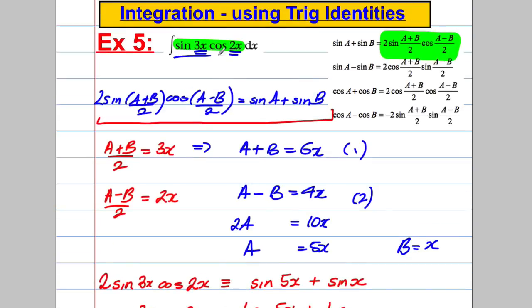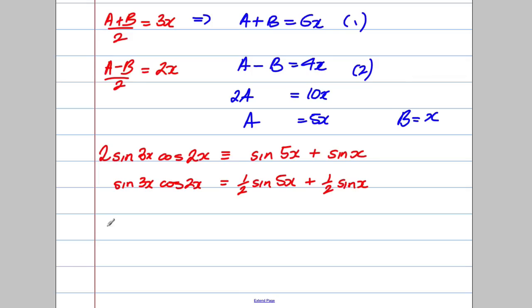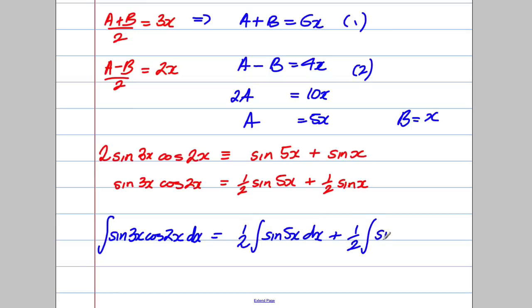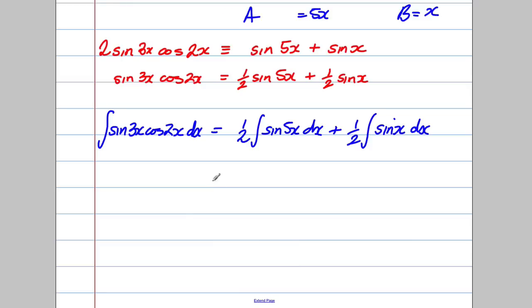Right, so instead of integrating sine of 3x cosine of 2x with respect to x, I could integrate, and I'm going to do it all in one move, a half the integral of sine of 5x with respect to x plus a half the integral of sine x with respect to x. And I can integrate these things. So a half, this integrates to negative a fifth cosine of 5x.